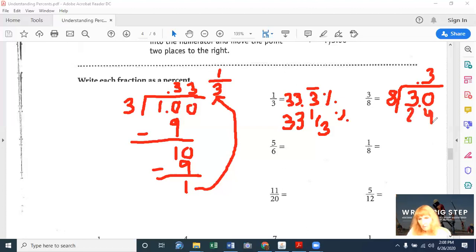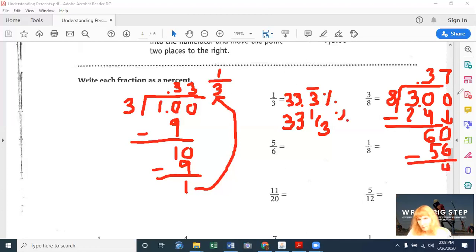So, subtract 30 minus 24 is 6. We're going to bring a 0 down. How many 8s in 60? 7, right? 7 times 8 is 56. Now we subtract 60 minus 56 is going to give us 4.